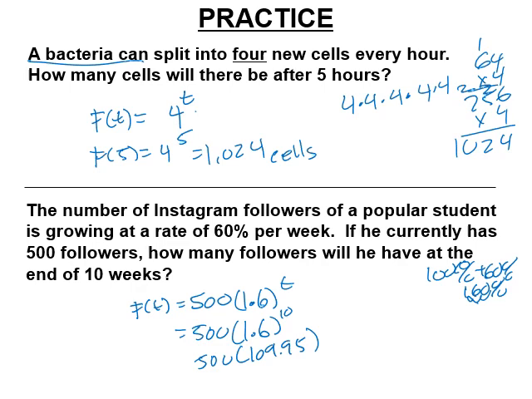Okay, and then I have to multiply that times 500. And so if you're growing at 60% per week, 10 weeks later, you are going to have approximately 54,976 followers on Instagram.